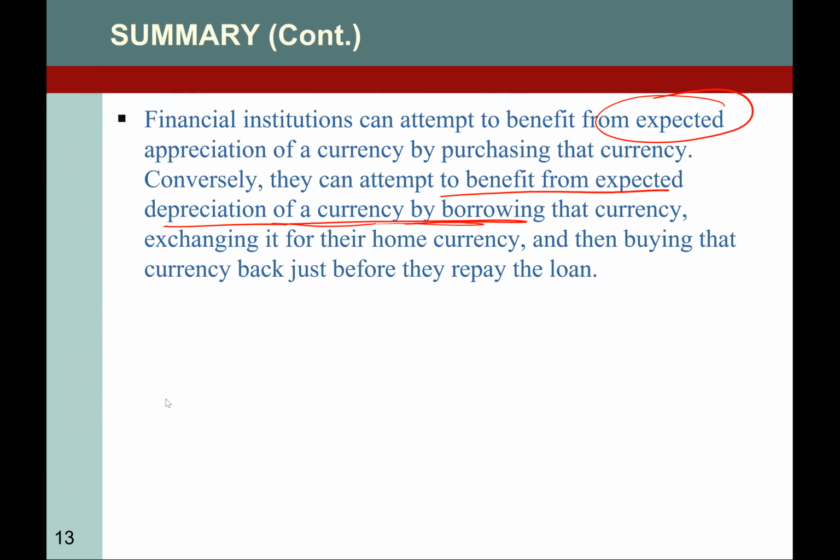You borrow where the currency is going to depreciate, exchange it for your home currency, then buy the currency back before you repay the loan. We just did the example, right? Your home country was, for example, the US. You bought the euro from a European bank, converted it into US dollars, saved it with your own bank, and after that received the money, converted it into euros, and paid back the money.